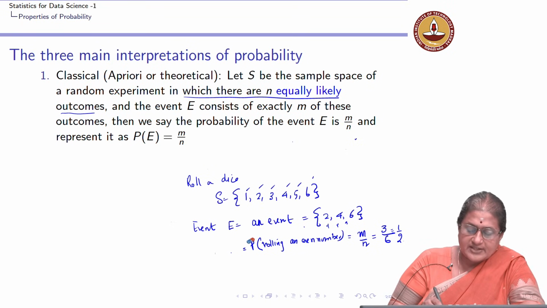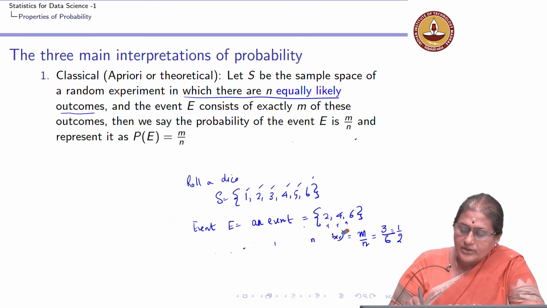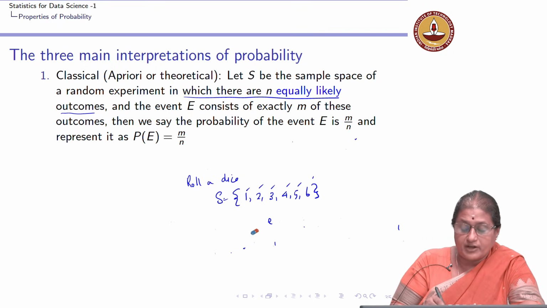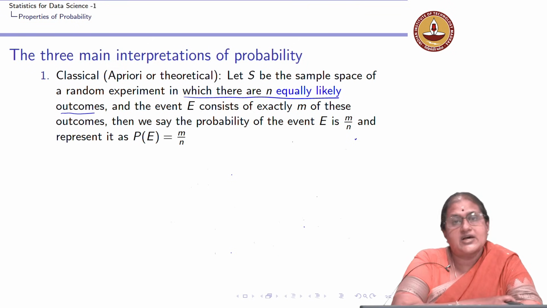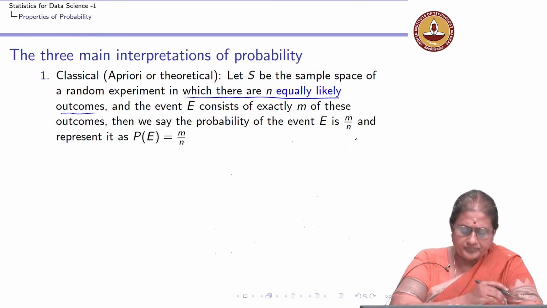I can extend this notion and apply it to various examples, but one thing we need to be aware of and always remember is that this approach assumes that all of the outcomes are equally likely.